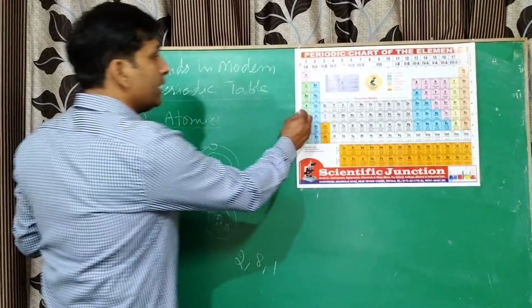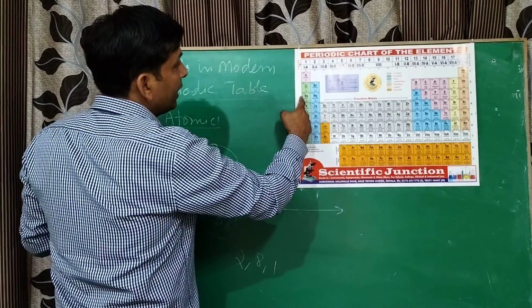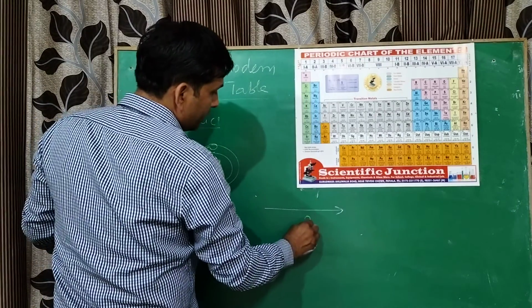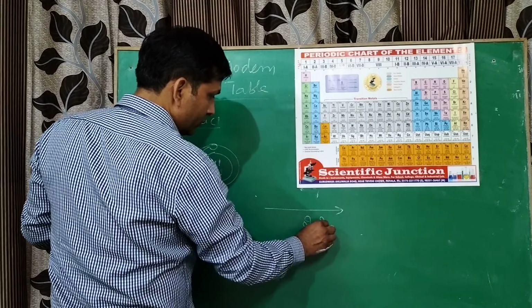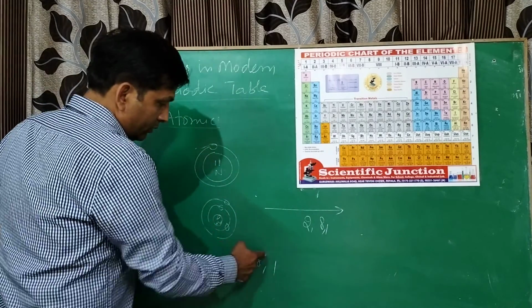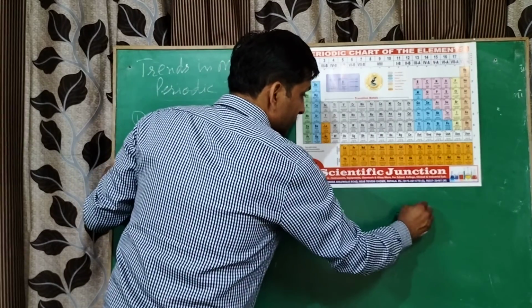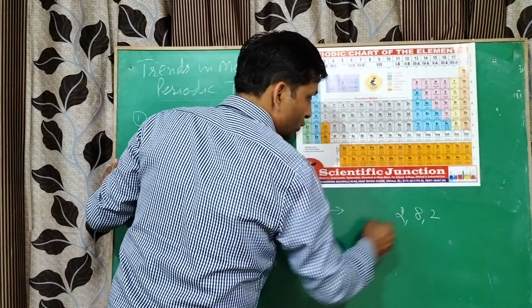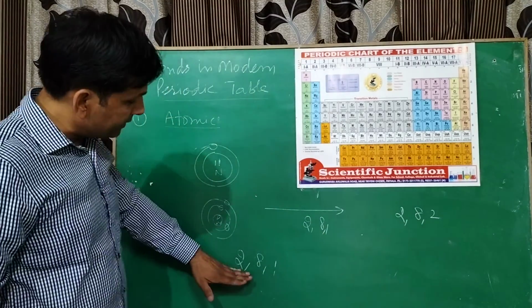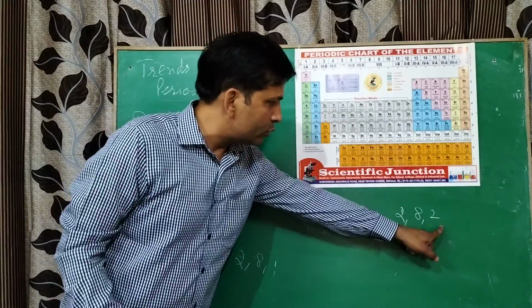But when we go from left to right, for example, we are here at sodium, the configuration is 2, 8, 1. Then magnesium will have configuration 2, 8, 2. It means the number of shells remains the same. 2, 8, 1 means 3 shells are there, and 3 shells are also there in magnesium.